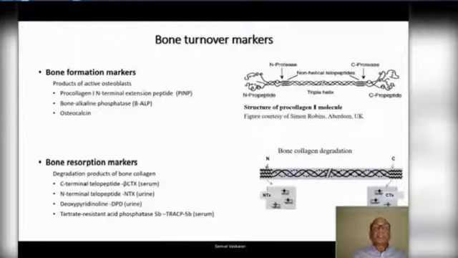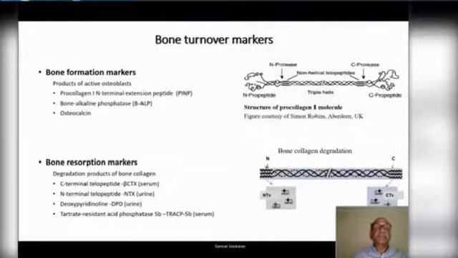There are a number of bone turnover markers that have been studied over time, and I'm just listing here a few of the more important ones. Procollagen N-terminal extension peptide P1NP, bone-specific alkaline phosphatase BALP, and osteocalcin are bone formation markers.